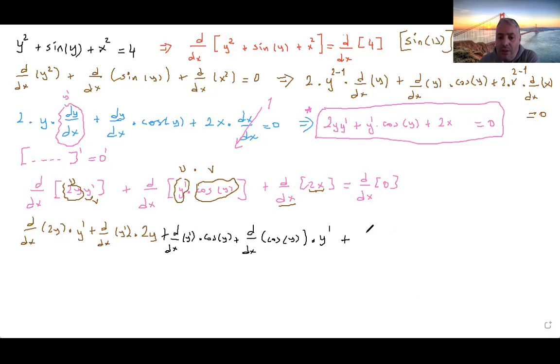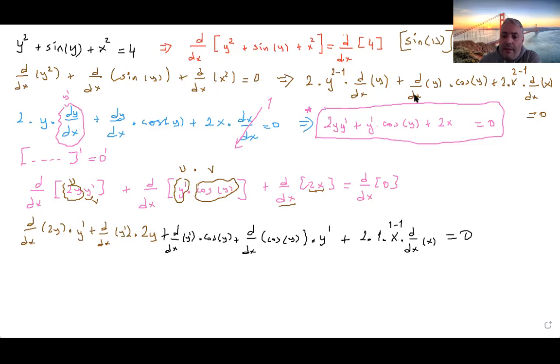Let me go on. Since 2 is a scalar we can take it out, it will be 2 times 1 times x to the power of 1 minus 1 times d/dx of x. But as I told you, knowing it, you can directly say 2. This is equal to 0.